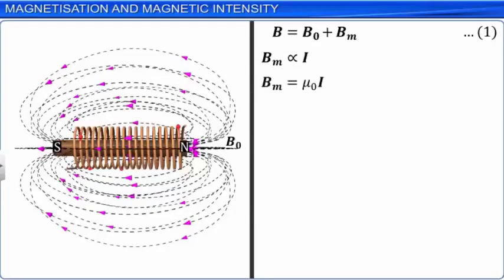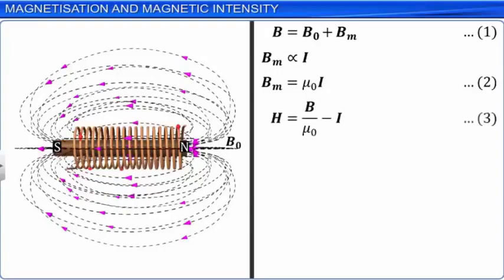Now let us introduce a new vector quantity called magnetic intensity, denoted by H, where H = B/mu0 - I. Let this be equation 3. The units and dimensions of magnetic intensity are the same as that of intensity of magnetization.